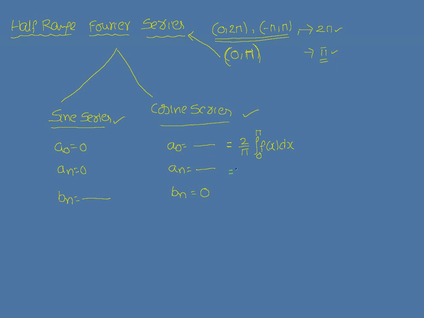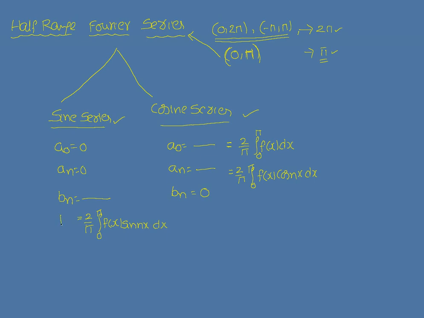Here an is equal to 2 by pi into integral 0 to pi f of x cos nx dx. For the bn, the formula is 2 by pi into integral 0 to pi f of x sin nx dx.